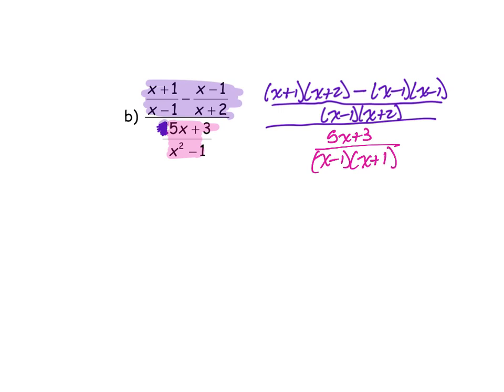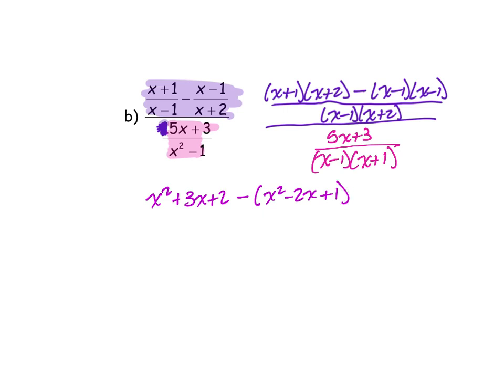Okay, so now I'm going to multiply the top out. So the top becomes, what does the top become? X squared plus 3x plus 2 minus x squared minus 2x plus 1.